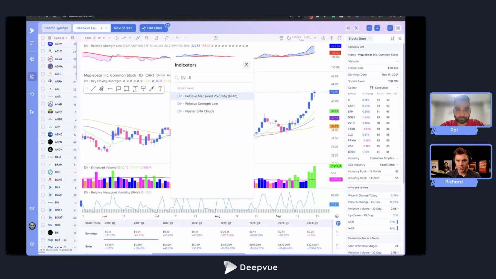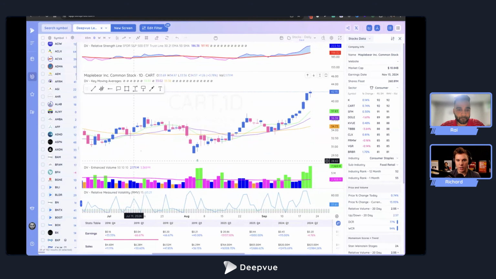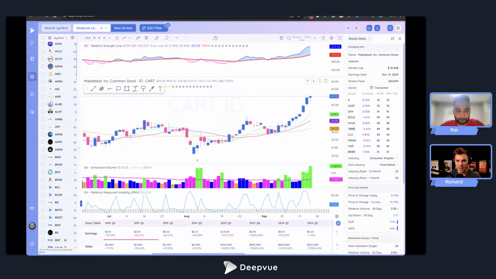But first things first, on the subject of indicators, you want to use what's useful to your process. You don't want to overload your screen with 8, 10, 20 indicators, even though you can in Deepvue if you want to. There's no limit. You want to use what's useful to you, what helps you interpret price action, what helps you identify actionable buy or sell signals.